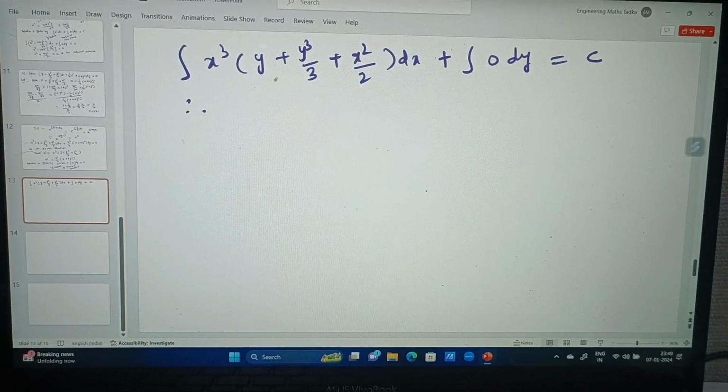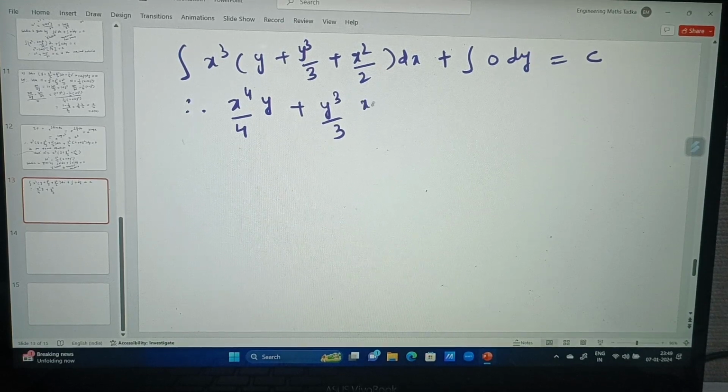So, when you are integrating the function m dash with respect to x, y is treated as constant. What is the integration of x cube? X to the power 4 by 4 into y, as it is you have to write, plus y cube by 3 as it is you have to write, and the integral of x cube is x to the power 4 by 4, plus x cube into x square upon 2 will give you x raised to 5.